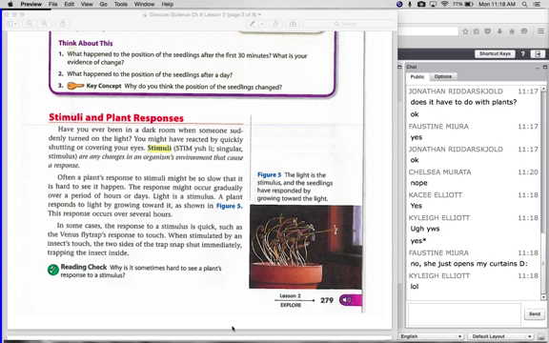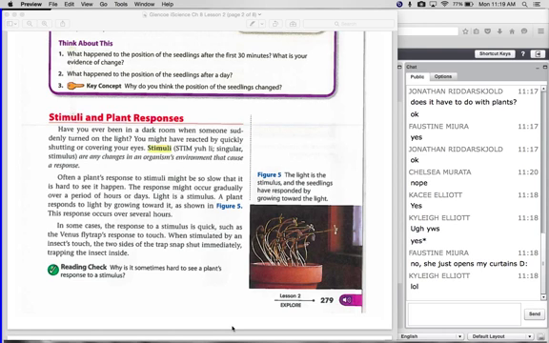Plants also respond to stimuli, although they don't do it like we do. They don't cover their eyes, and they don't do it very quickly. It might take as little as a minute, but as long as a couple of hours. And certain stimuli have different response times to them.